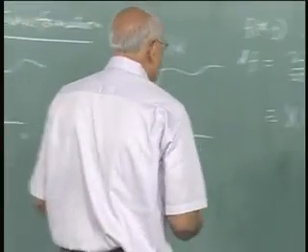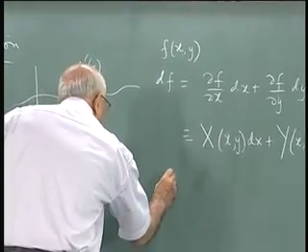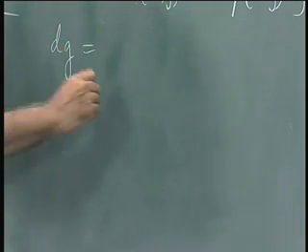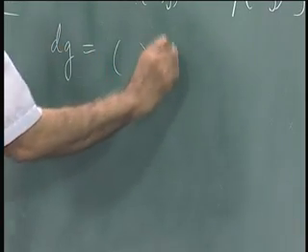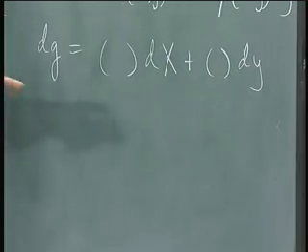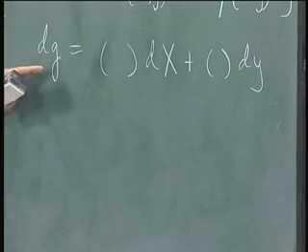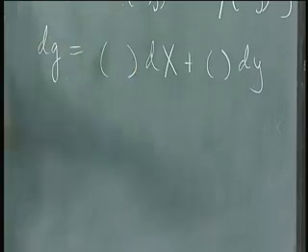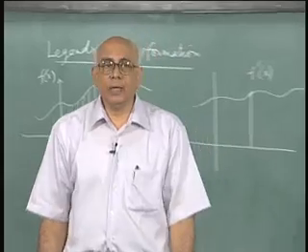If I want to do that and I want to construct a function g such that dg is equal to something times d capital X plus something else times d little y, in recognition of the fact that this function g is a function of capital X and little y, the trick is very simple.